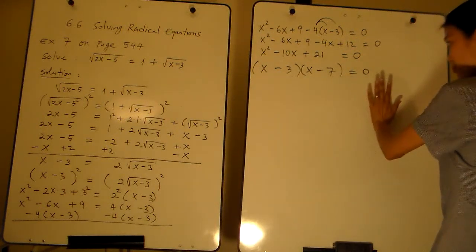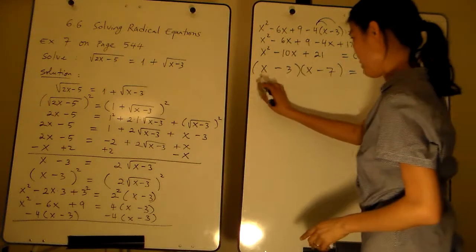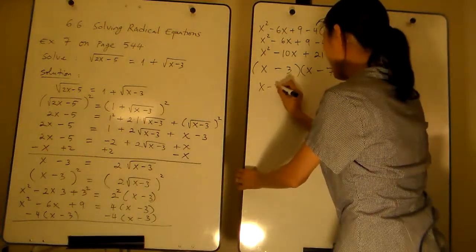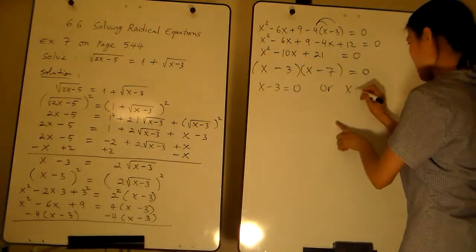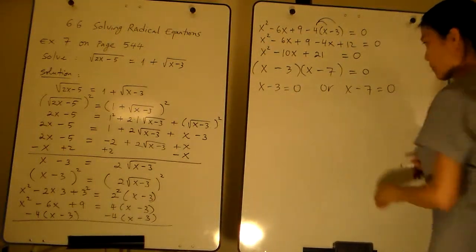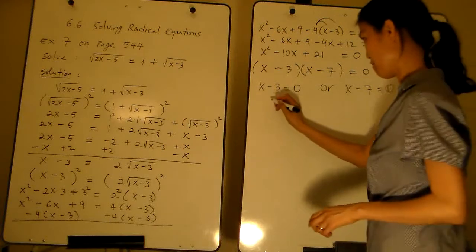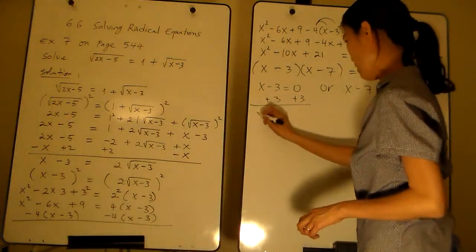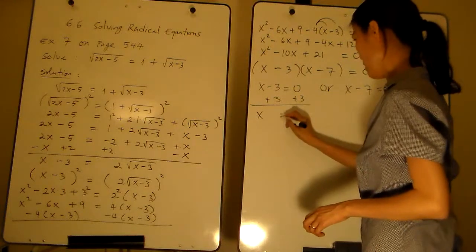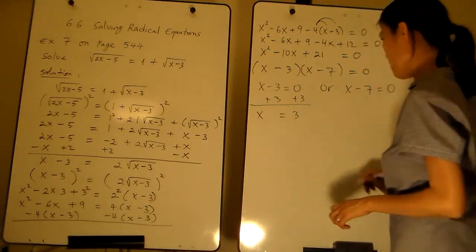So, using the principle of zero, we can factor this to x minus 3 equal to 0, or x minus 7 equal to 0. Okay? Solving for x, adding 3 on both sides: x equals 0 plus 3 is 3.